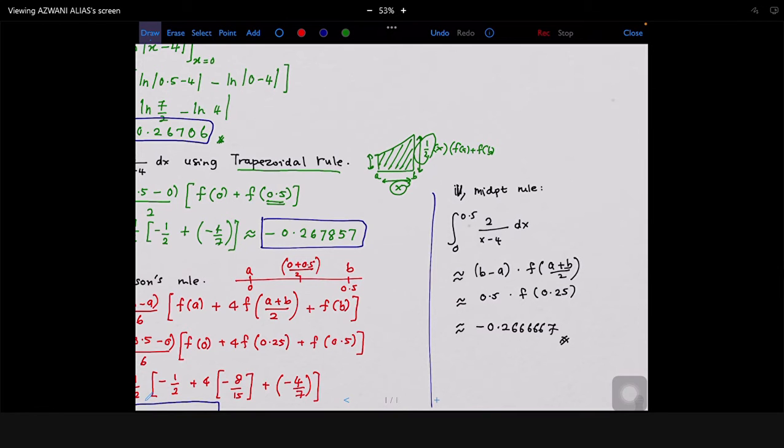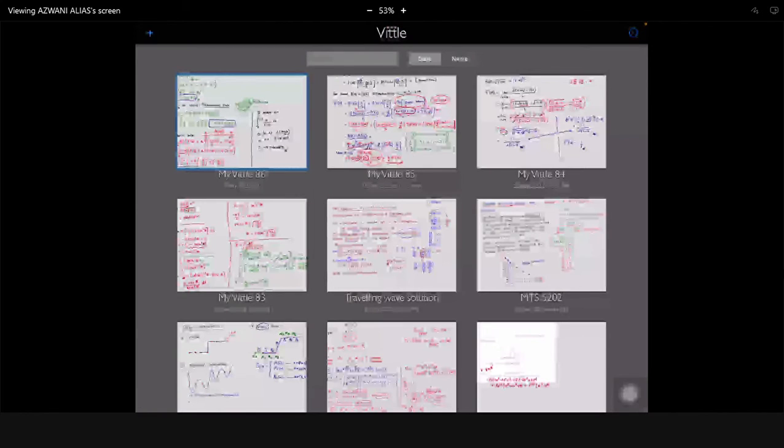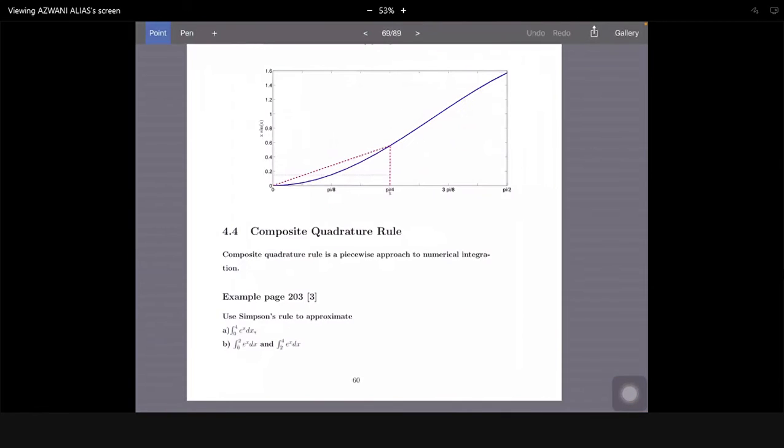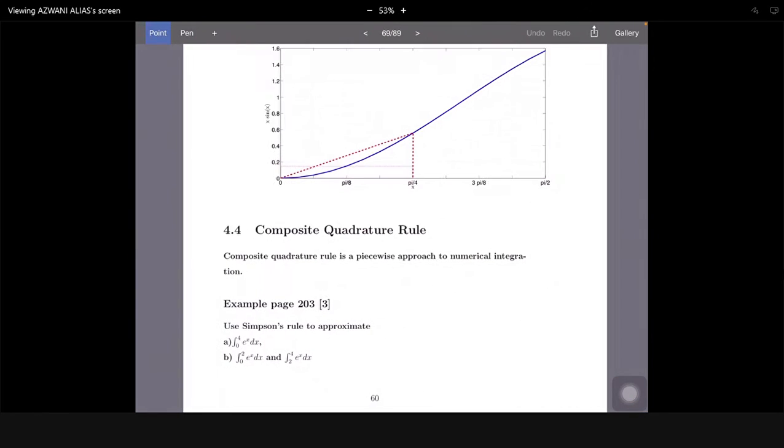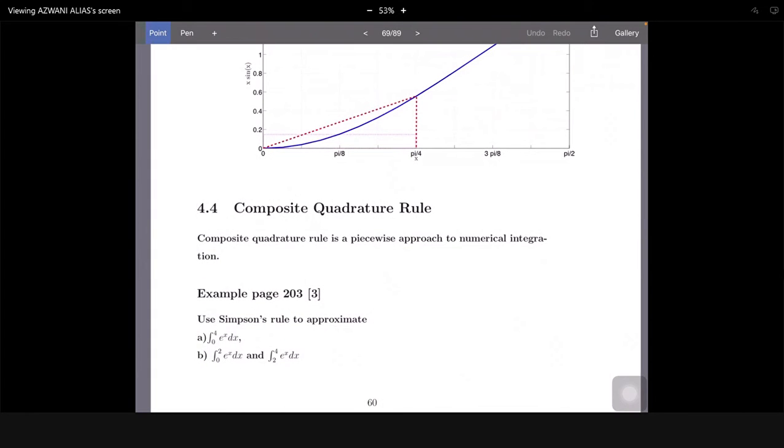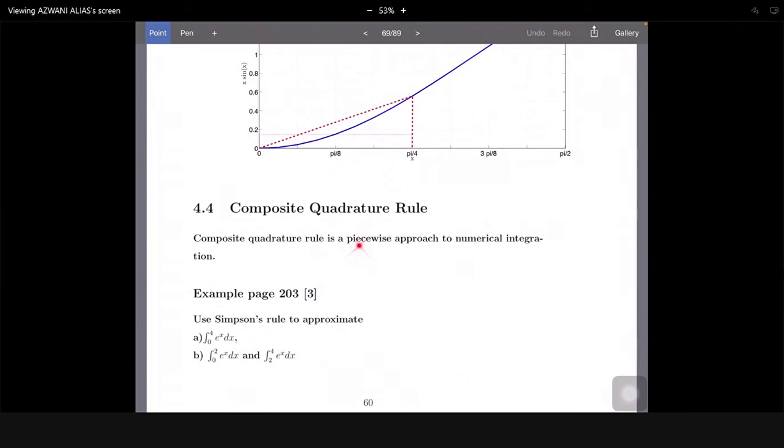Okay, right. So, good. So, now we move to the composite quadrature rule. Composite quadrature rule. Okay. Sebenarnya composite quadrature rule is a piecewise. Okay, merupakan piecewise approach to numerical integration. Okay, so kita tengok lagi.